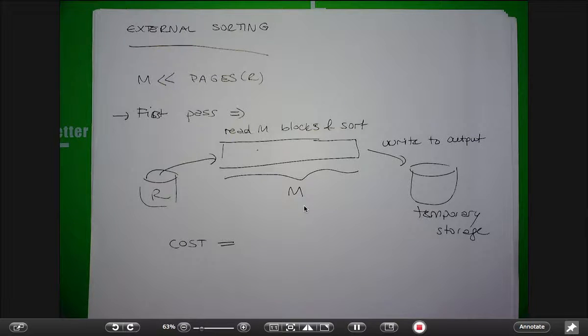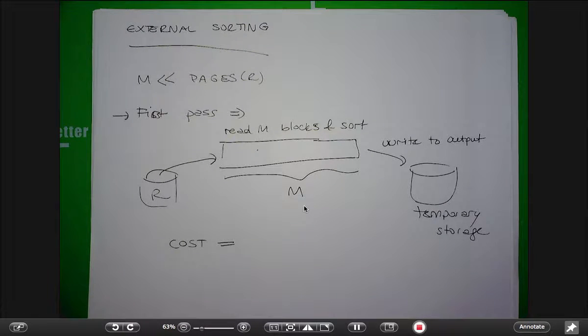So to be able to do this, do I have to read every single page of R? Yes. How can I sort something if I don't read it in memory? And then, since I need those memory blocks to actually do the next thing, I keep shuffling them back to free up space. So every single page that I read, I'm also writing it back.